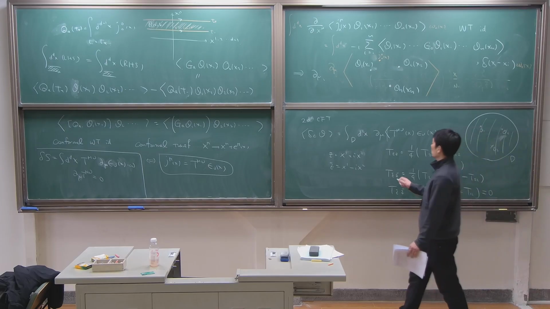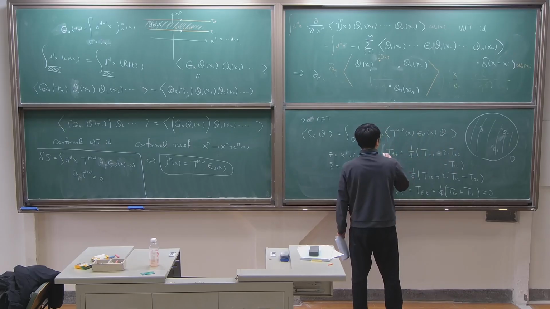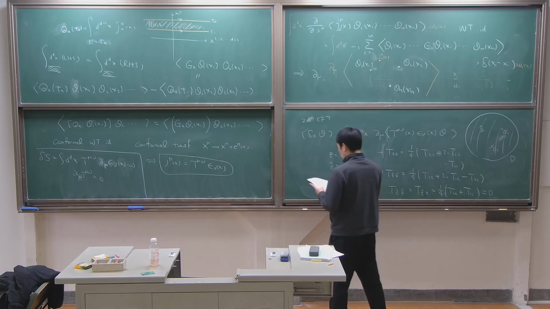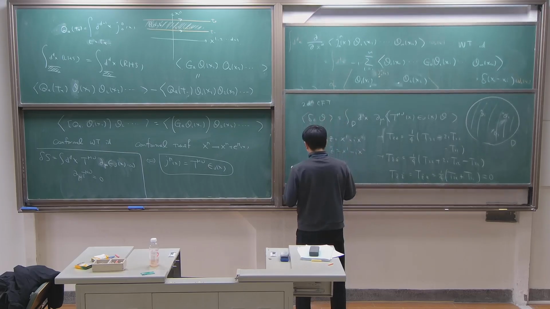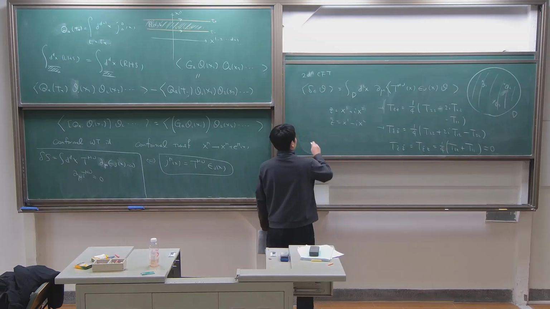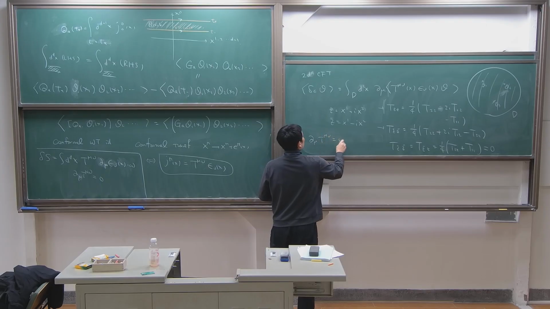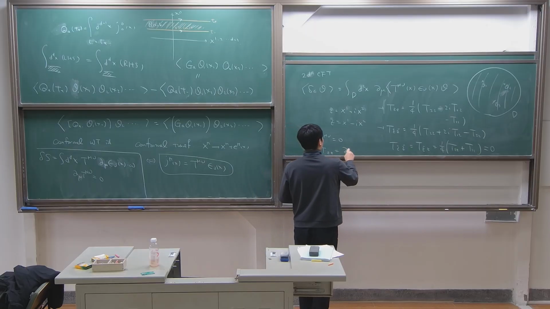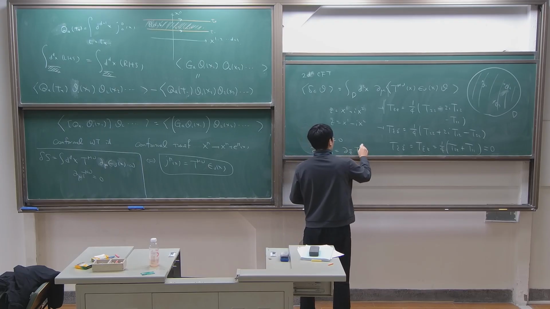So what we can focus on is this guy, either T_zz or T_z-bar z-bar. So we just consider that del_z-bar T_zz is equal to del_z T_z-bar z-bar, which is equal to 0.